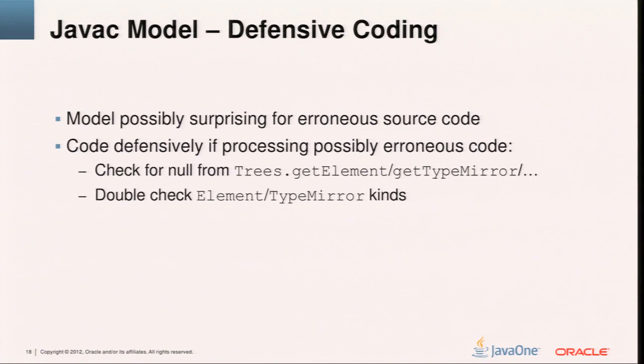In particular, it's good to check for nulls in various places, especially in what we get from Trees.getElement and Trees.getTypeMirror, and we should check what the kinds of elements and type mirrors are. For example, if you have a class and we look at its superclass, we would expect that the superclass of a class is again a class.